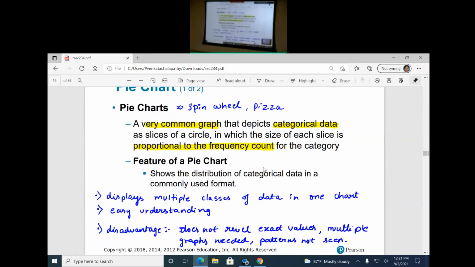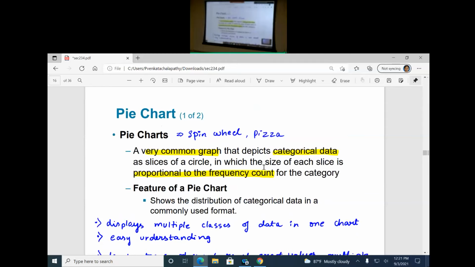Pie chart. So one example I can give you is pizza, and you will have some like 8 slices, and you can imagine having different toppings on each slice. So that is an example of your pie chart. Or you can have a spin wheel with number of divisions, right?